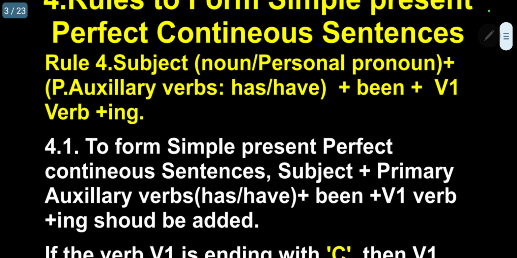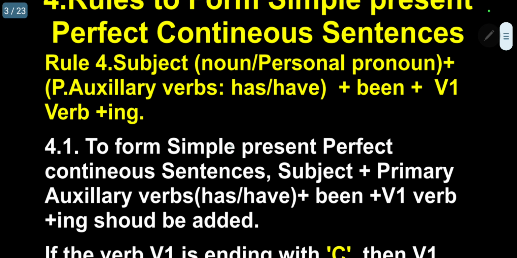Plus, I have to use primary auxiliary verbs, that is has or have, plus been. The be verb's past participle is been, we have to use it here. Kindly follow. Plus V1 verb plus ing, as in present continuous.